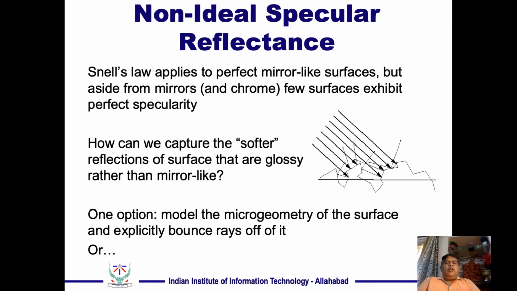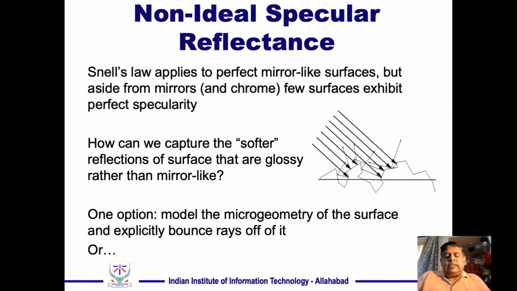One option is to model the microgeometry of the surface and explicitly bounce rays off it. This is complicated. Basically, you would take a tunneling microscope, see the roughness of the objects, study the solid state surface of the object, and based on that come up with a scattering law.